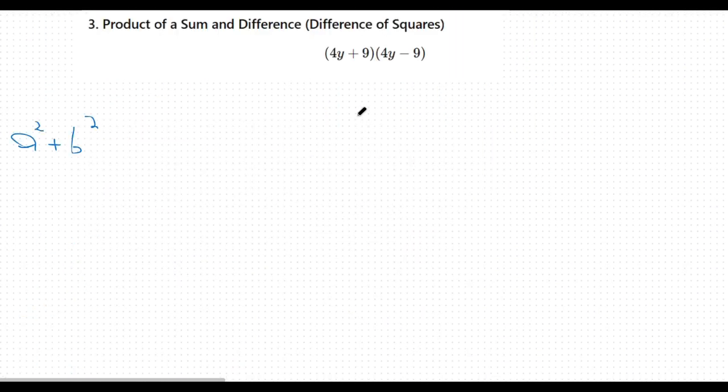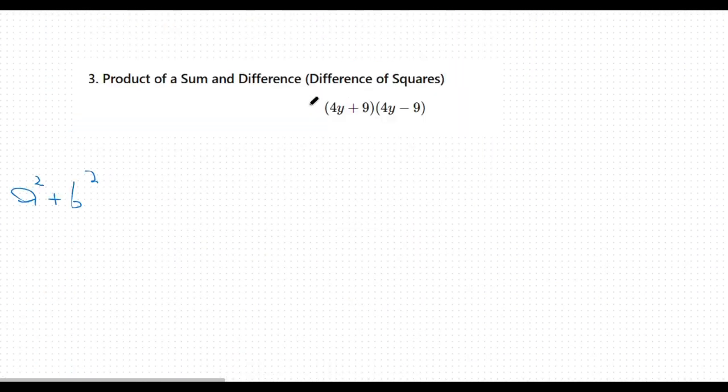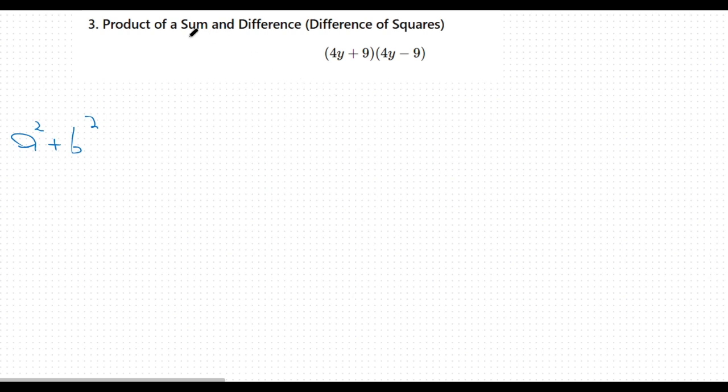All right, your third special case, this is the easiest one to remember, the product of a sum and difference. So they're saying 4y plus 9 multiplied by 4y minus 9 is always going to come out in the form of a squared minus b squared. So when you see an equation in this form, you know you're going to get a squared minus b squared, and the reason for that is these two middle terms cancel each other out.